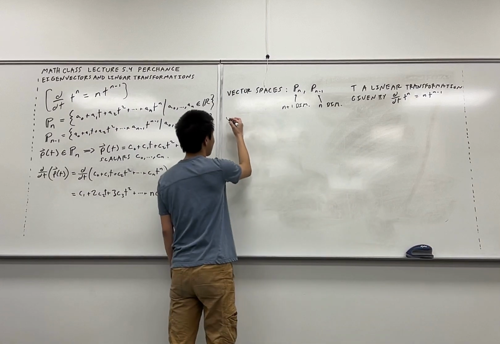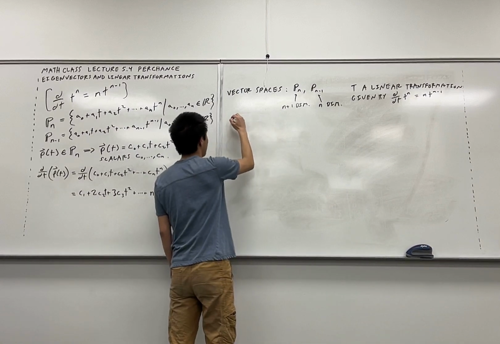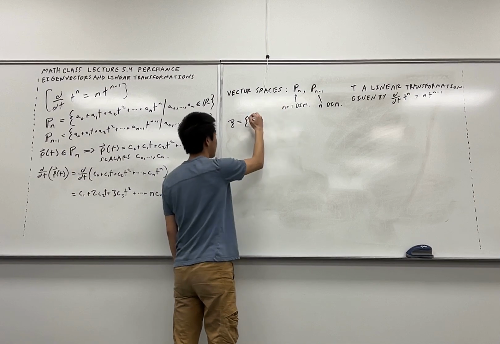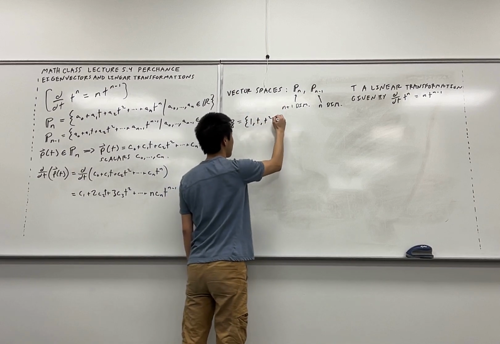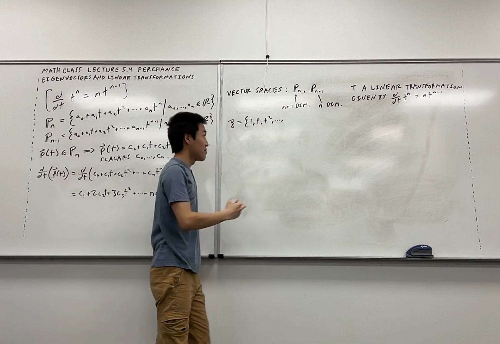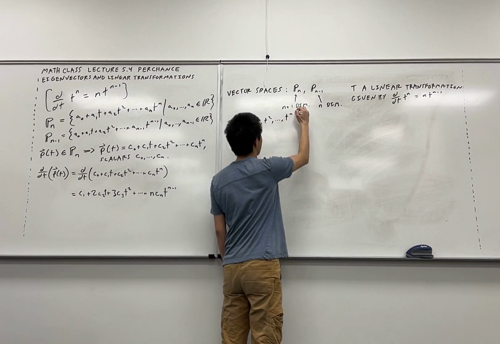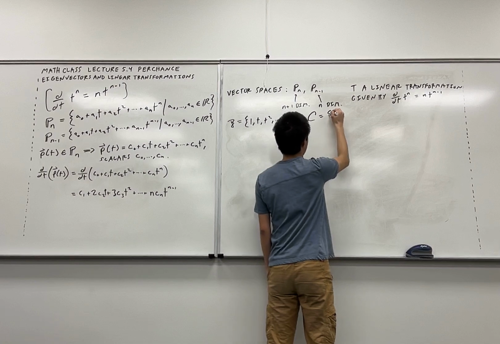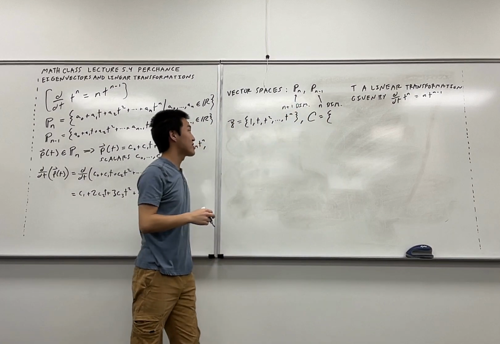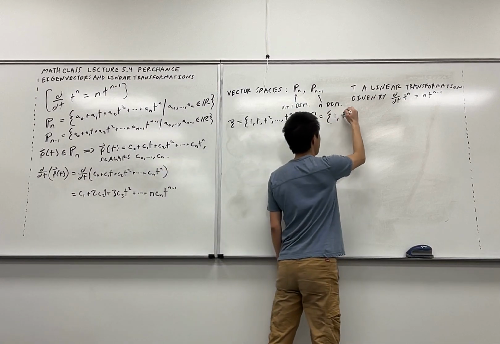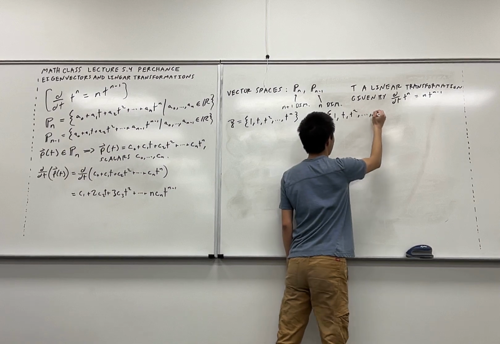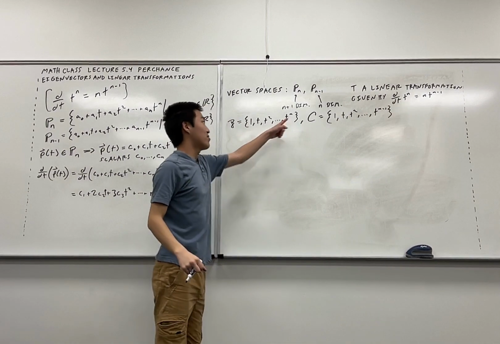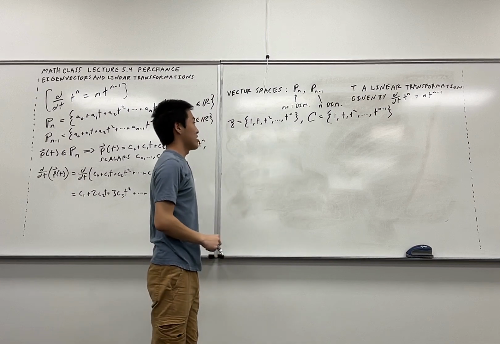Well, let's use the standard bases. So a basis for Pn is going to be 1, t, t squared, and where do I stop? t to the n. And then my second basis for my Pn minus 1 is going to be 1, t, t squared. Where do I stop this time? So that's how we know the dimensions, because we can count how many vectors are in each of those.